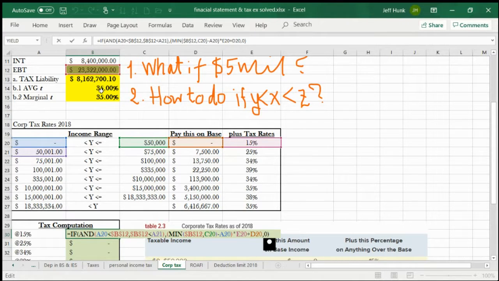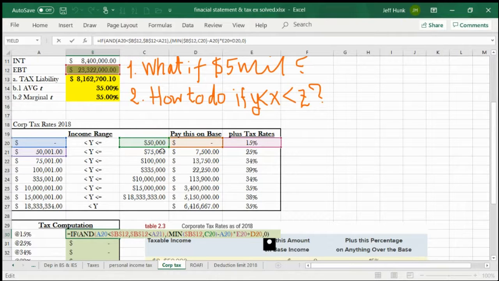Take the difference between the lesser of the two, and in this case, it's not going to kick in because our EBT doesn't even fall into this range.